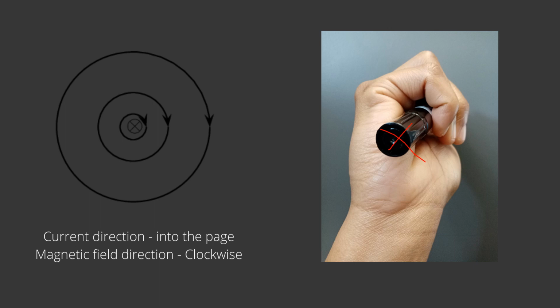It's going into the page, and then my magnetic field is moving in the clockwise direction. It's moving in this direction, right? So we show an arrow that it's moving in that direction. So it's moving in the clockwise direction. I hope that is clear.